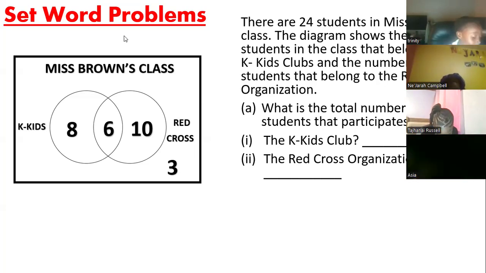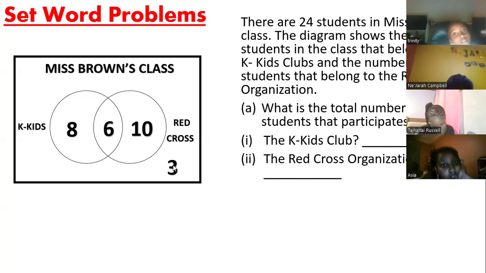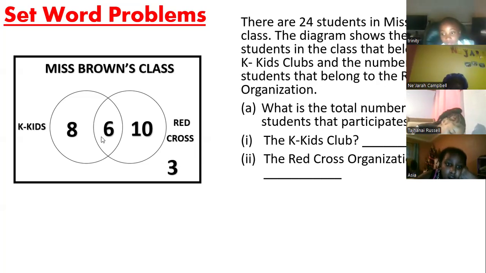So the big 3 underneath the Red Cross tells how many students are not a part of an organization. Very good. So it tells you that 3 students are not a part of K Kids or Red Cross.